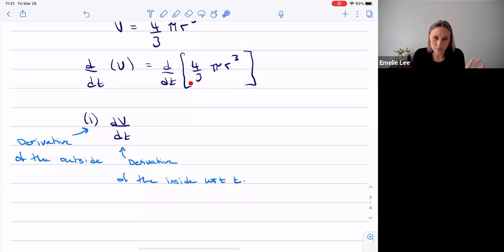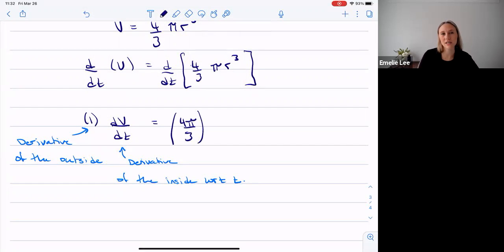Now moving to the right-hand side, 4 pi over 3 is just a constant, so I can bump that to the outside. What I want to do is find the derivative of r to the power of 3 with respect to time.